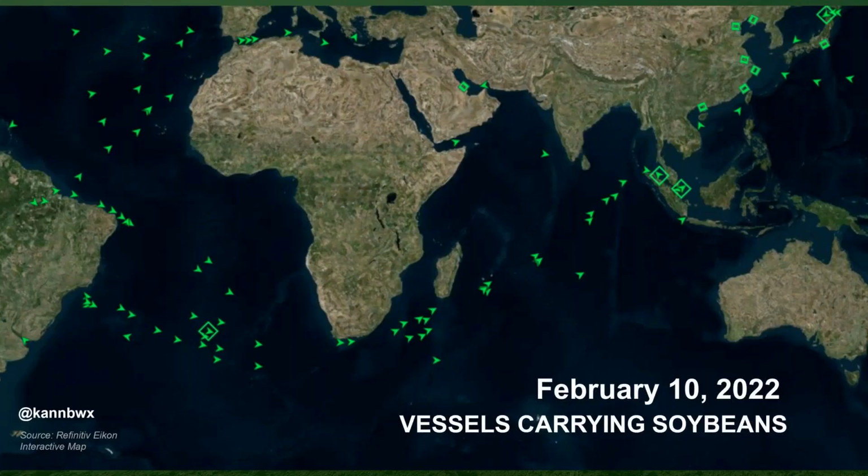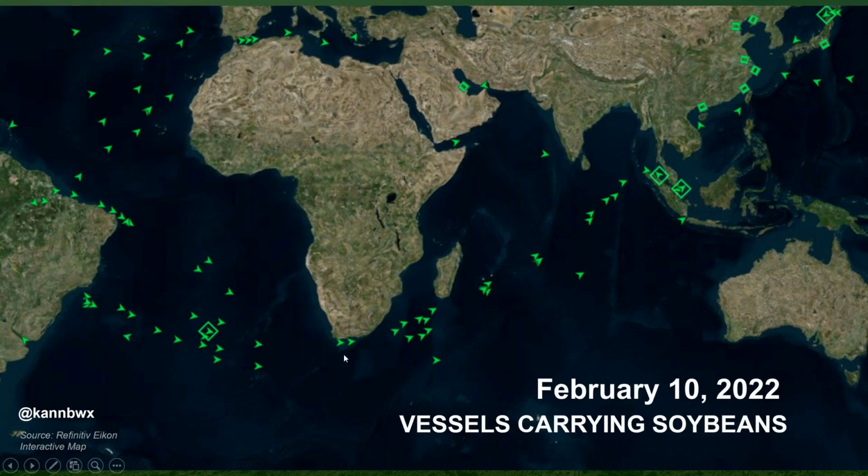But one thing that I do think is interesting, and Eric mentioned how quick the planting pace was in Mato Grosso and in northern and central Brazil this year. And because of that, they are already harvesting. They're pushing 50% harvested in Mato Grosso. And because of that, they're already loading a lot of boats. This satellite map, I think is incredible that they can pinpoint where vessels of beans have loaded out of Brazil.